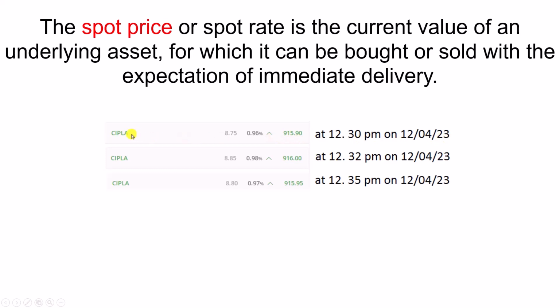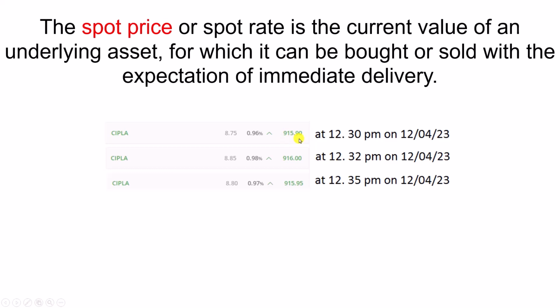It means that if you wanted to buy one stock of Cipla at 12:30 p.m. on 12th April 2023, you should have been paying this much money, 915.90 rupees.